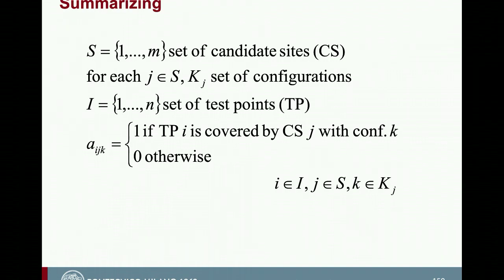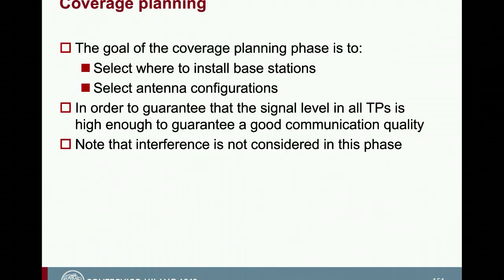So summarizing, we have our set S of candidate sites. For each of them we have a set Kj of configurations. Then we have the set of test points, the set I, and then we have our coverage matrix Aijk, which tells us if the test point i is covered by candidate site j with configuration k.